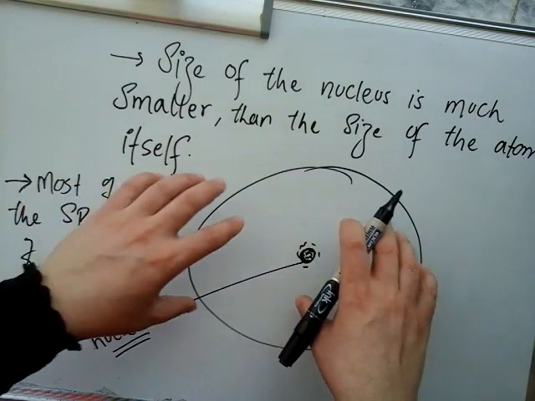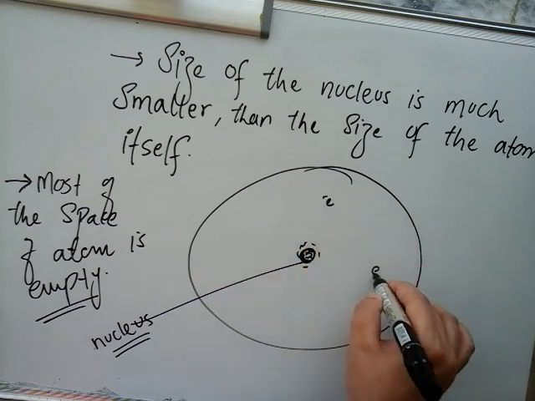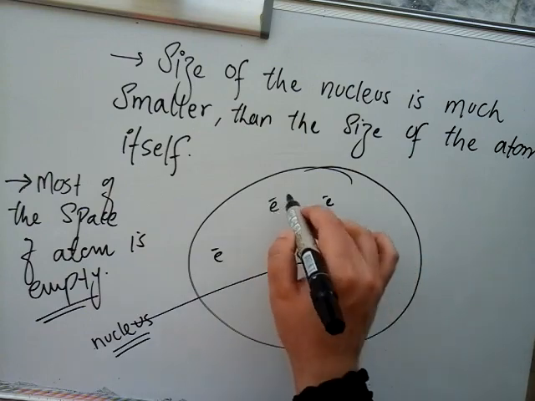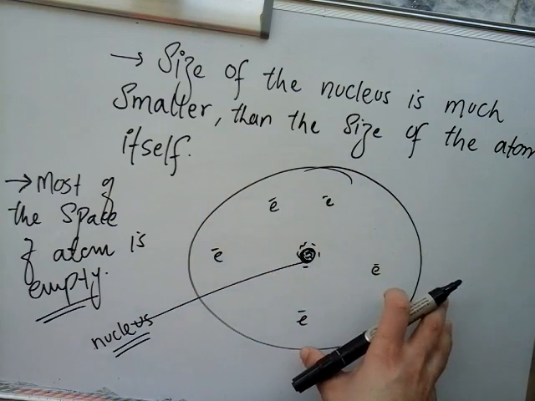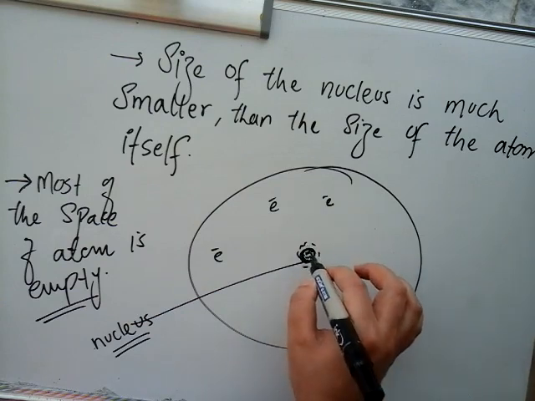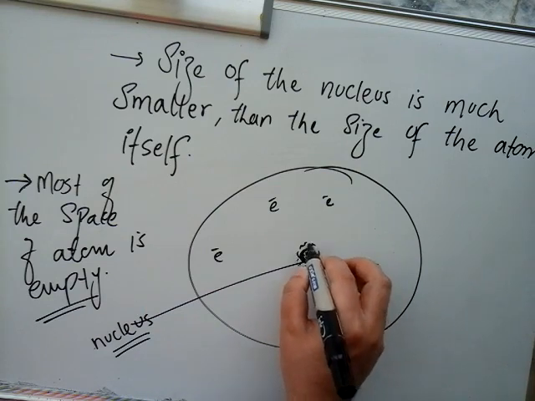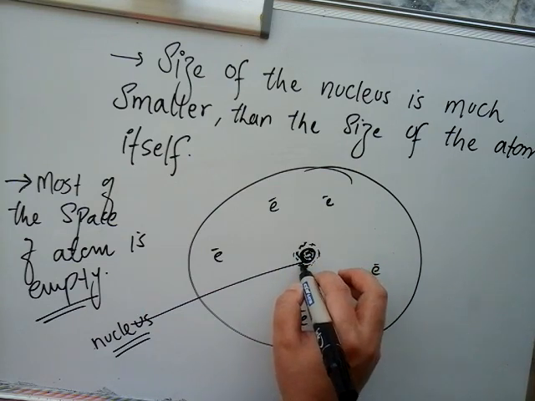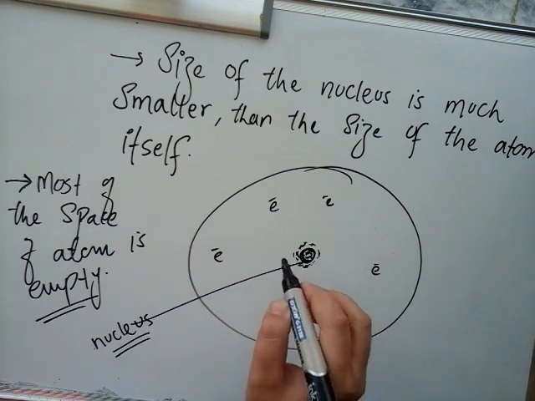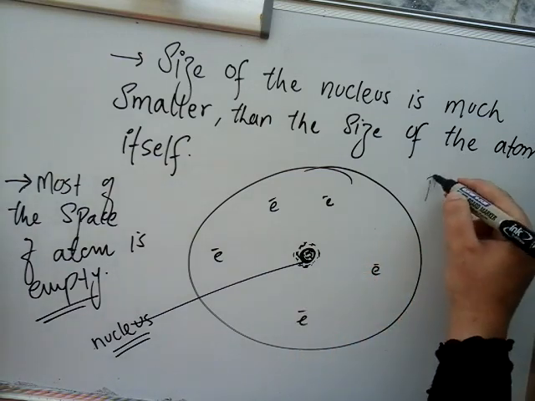Keep in mind, most of the space of the atom is empty because electrons are present outside the nucleus. They do not occupy the overall space of the atom. The particles, proton and neutron, are closely packed inside the nucleus. Is that clear? This was proven by Rutherford.